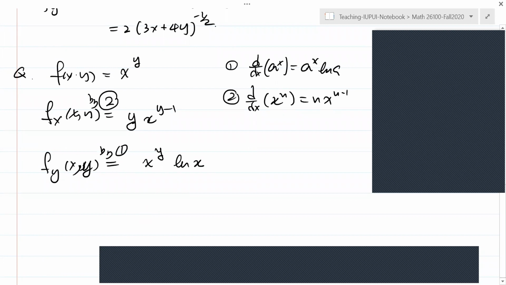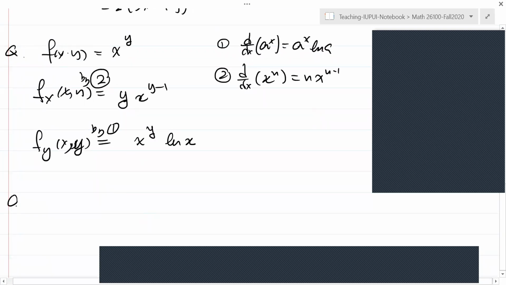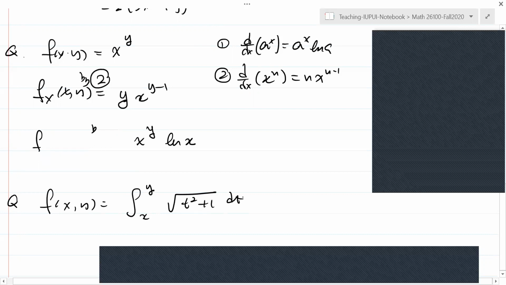Let's take a look at another example. Here's another example. f of x and y, this can be any variables, is the integral from x to y of t squared plus 1 dt.